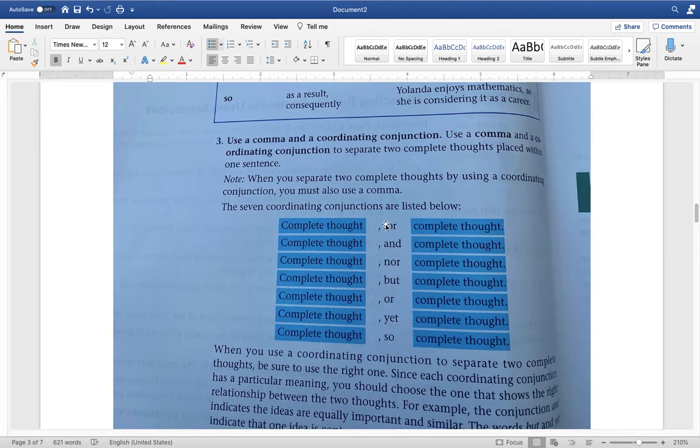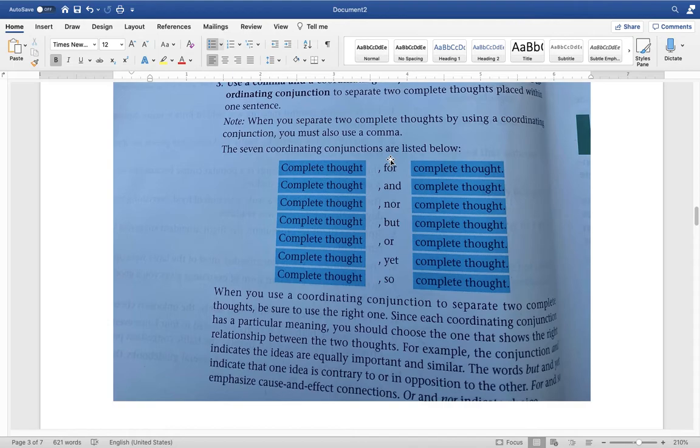I need to see what's before it and what's after it, because that's going to determine what type of punctuation I need in order for this to be grammatically correct, meaning not a run-on and not a comma splice.